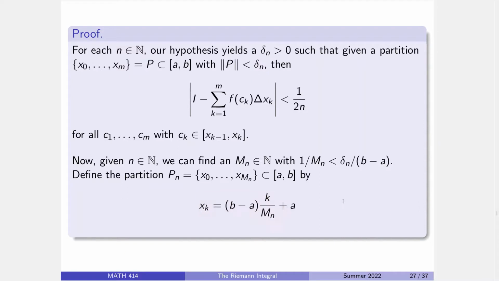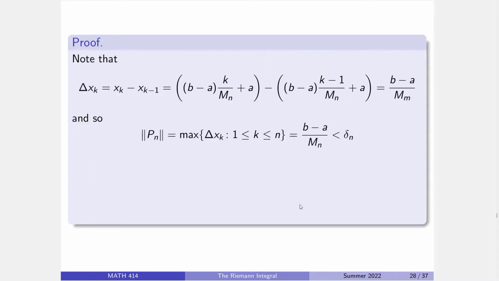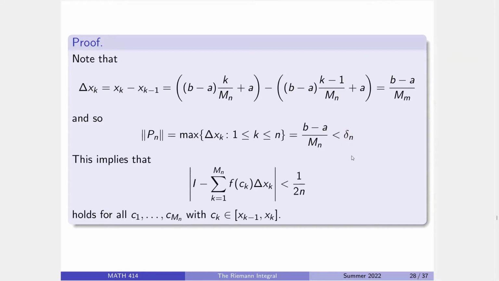By construction, the sub-interval lengths are uniform, they're always the same, and I made sure I picked them so that they were less than delta sub n. That implies that I, our number here, gets within 1 over 2 to the n of any of these Riemann sums.